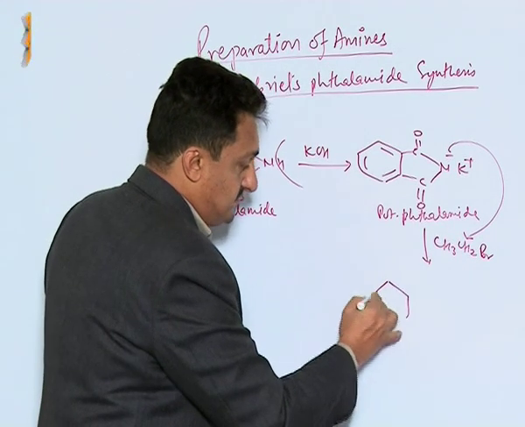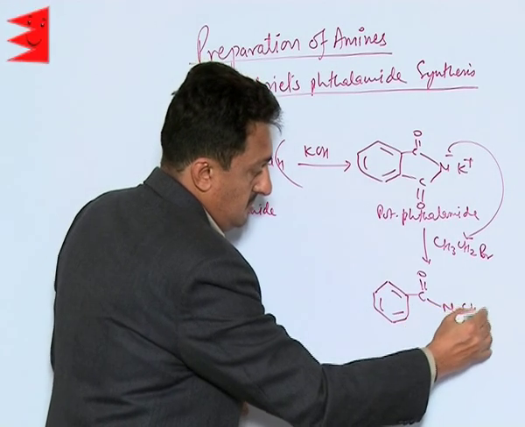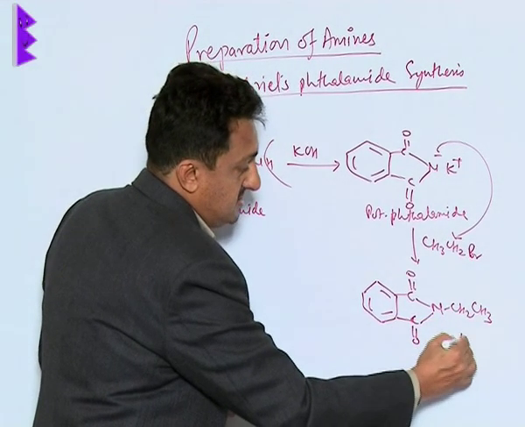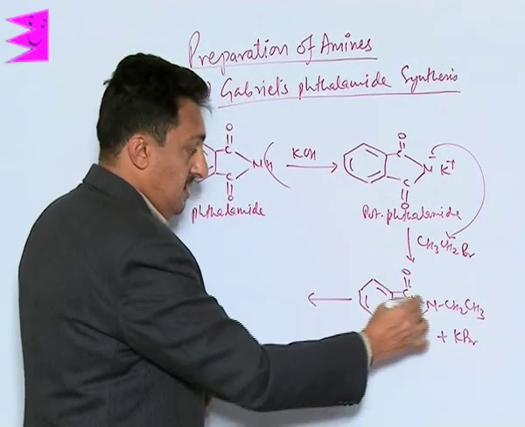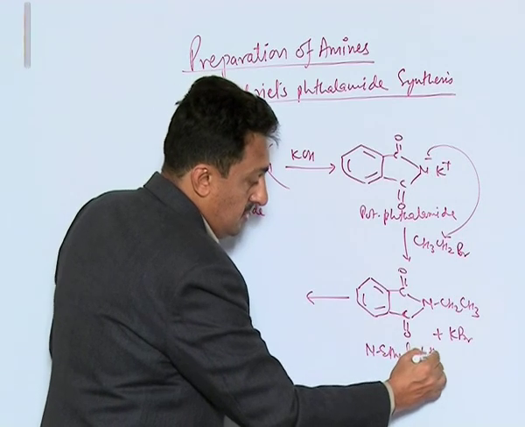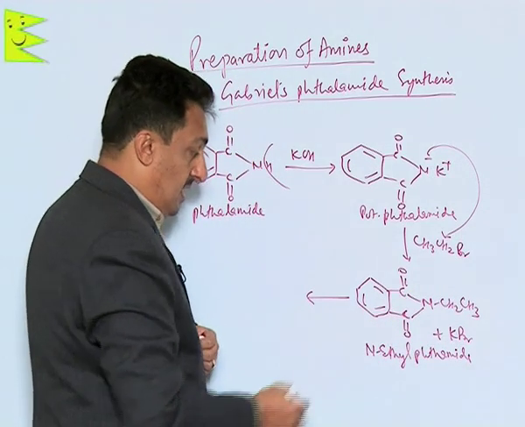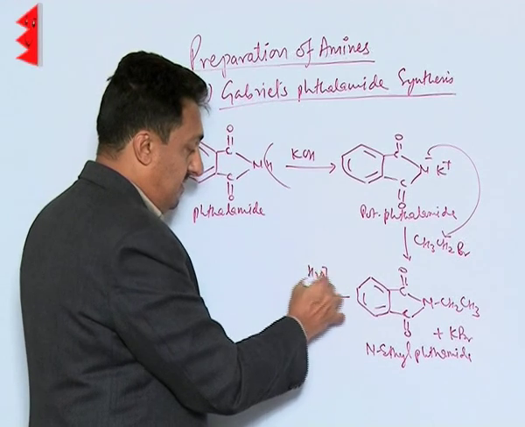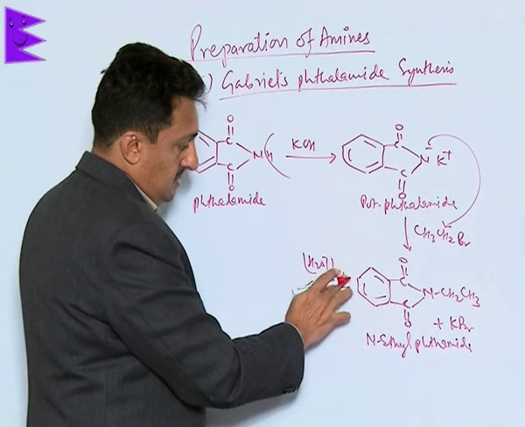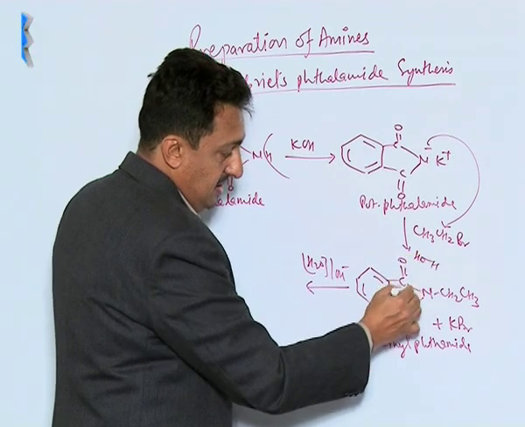It will give us this compound plus KBr. Now this is called N-ethyl phthalimide, a substituted amide. Now this amide on hydrolysis in basic medium, it will be going out like this, like this.